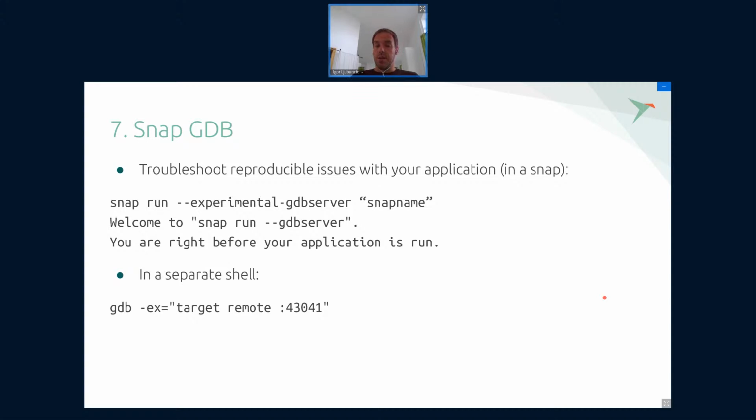And so in a separate shell, you run GDB, and then you can do the usual things that you would do when you're troubleshooting an application. You can set breakpoints, you can set conditions, you can step into the execution, you can disassemble the code. So everything that you would normally do to understand if your application is not working, you can also do with snaps.